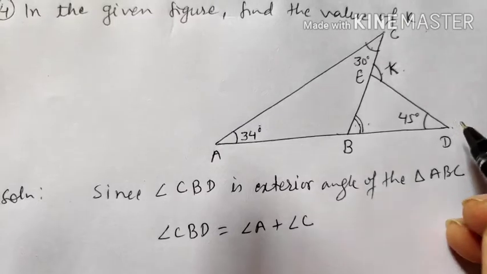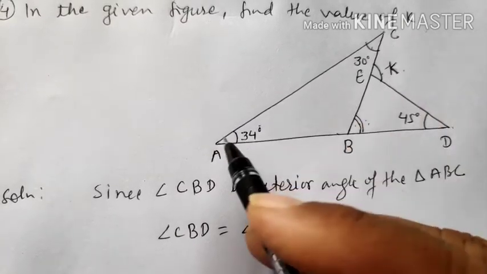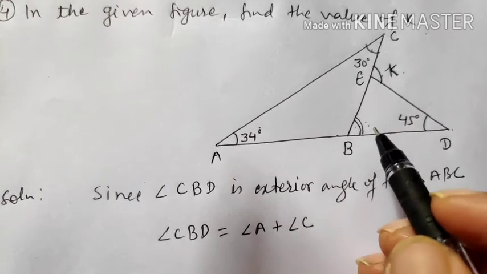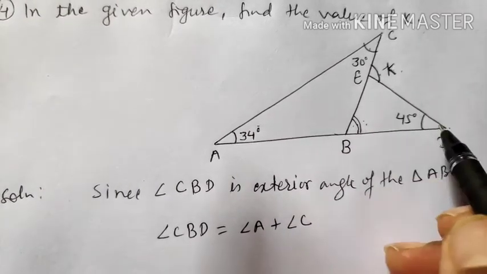Because CBD is the exterior angle of the triangle ABC and the angles A and C are the interior opposite angles of the angle CBD.